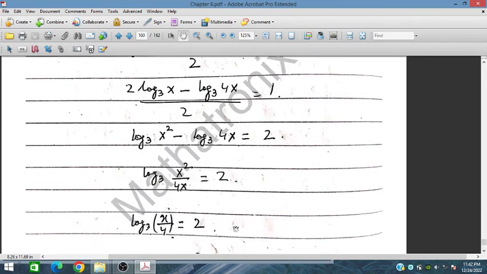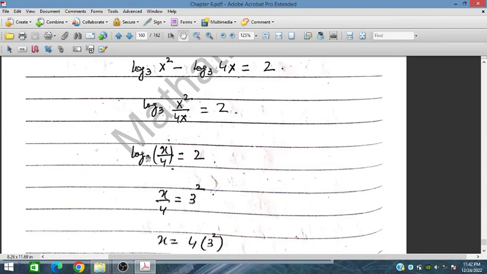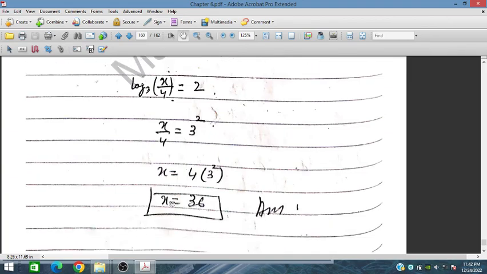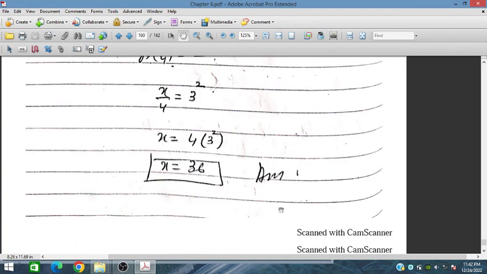So this is log_3 of x upon 4 equal to 2. If we take 3 to the power 2, then x upon 4 is equal to 3 squared, which is 9, so 9 times 4 is 36. So x is equal to 36.